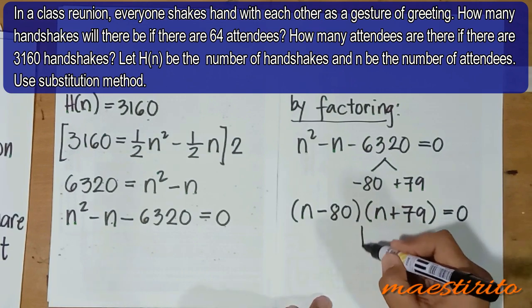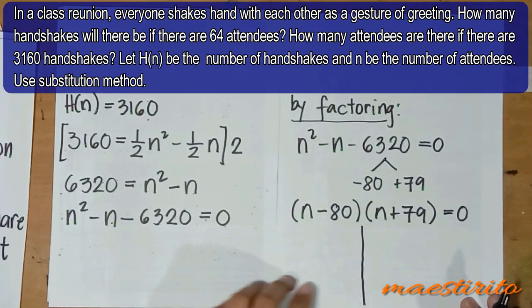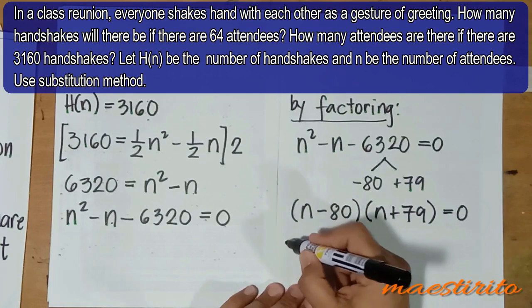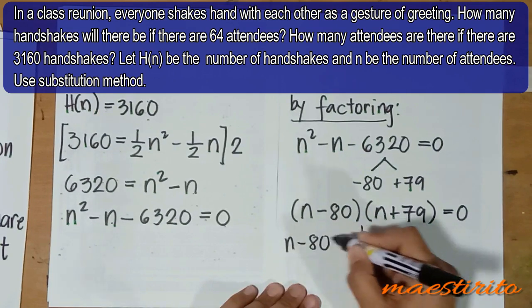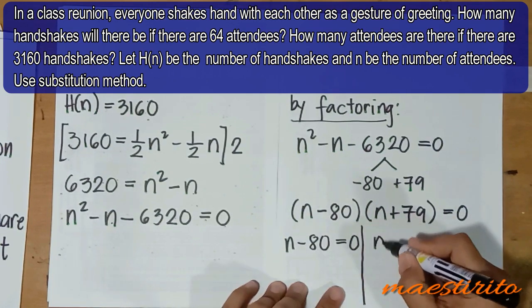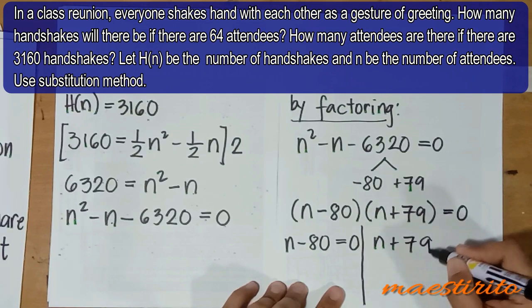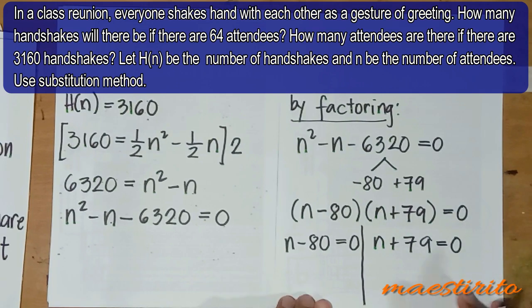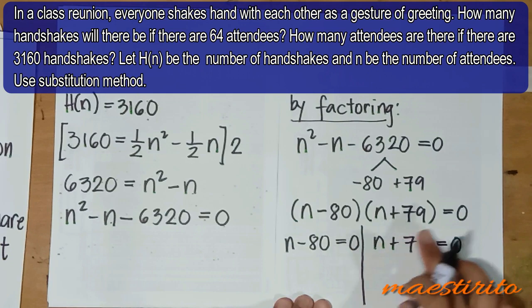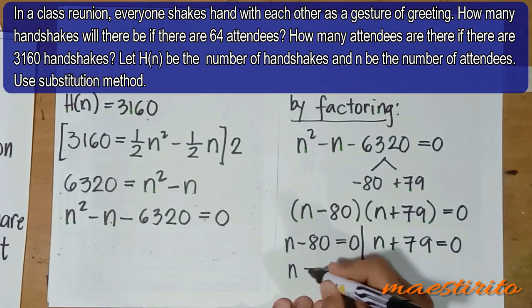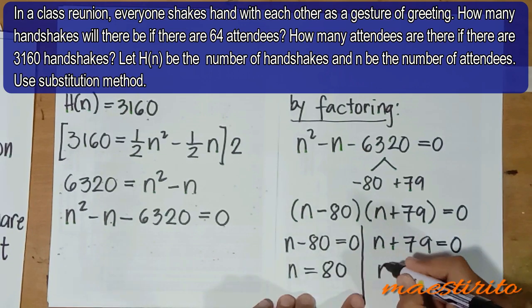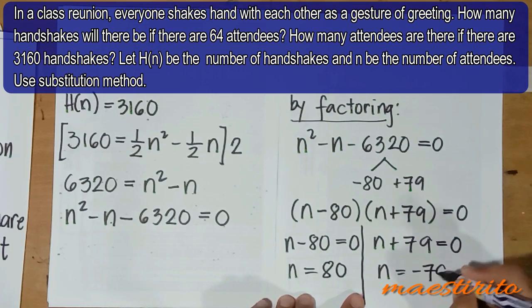And then to find the n, let's divide these factors into 2. You have n minus 80 equals 0, and n plus 79 equals 0. Transposing negative 80 and 79, we will have n is equal to 80, then n is equal to negative 79.